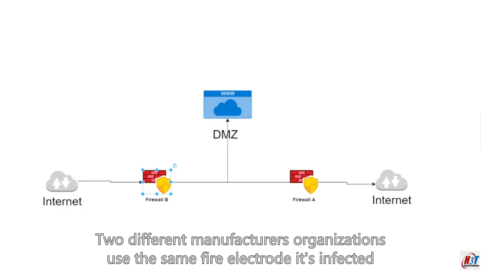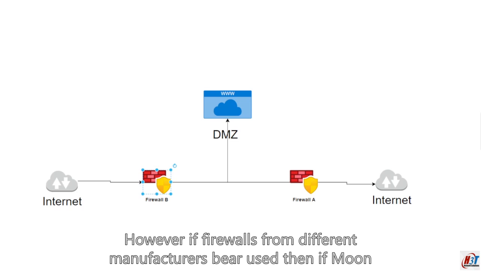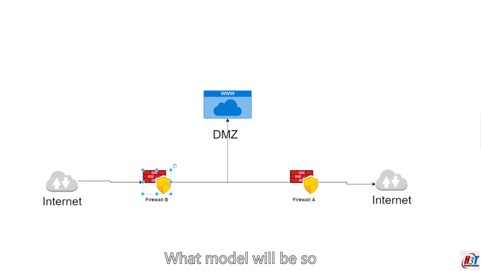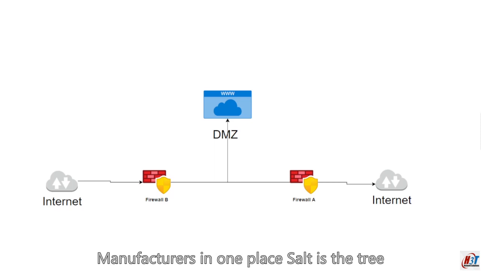If an organization uses the same firewall throughout its infrastructure, and that firewall had a vulnerability, then the vulnerability would likely be reproduced across the network. However, if firewalls from different manufacturers were used, then a vulnerability in one model would be unlikely to be replicated across the network. So this means it is best to use firewalls from different manufacturers.